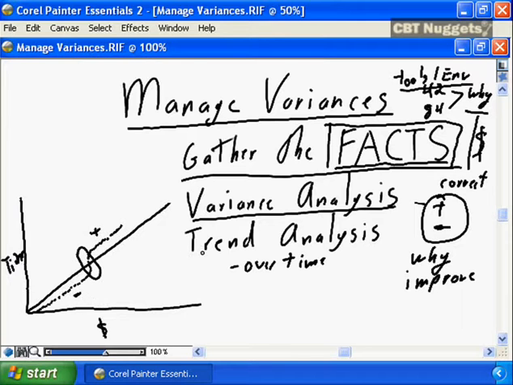But again, that's where trend analysis comes into play. How are you doing overall? Now, if we continue the trend analysis, I'm going to cause our project to have a little heartache here, and all of a sudden, our project is now trending significantly away from our project baseline. We're in the latter stage of our project, and all of a sudden, we're getting significant variances from our project baseline.